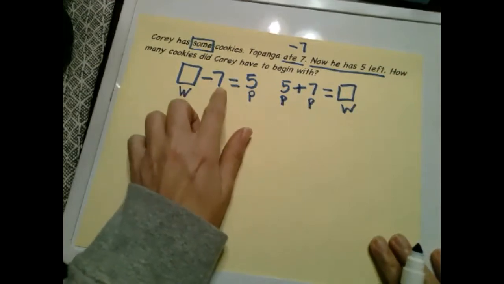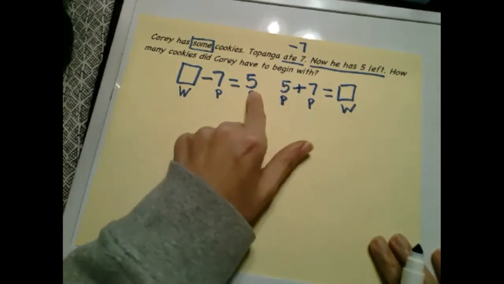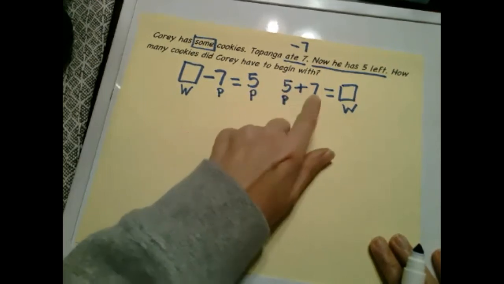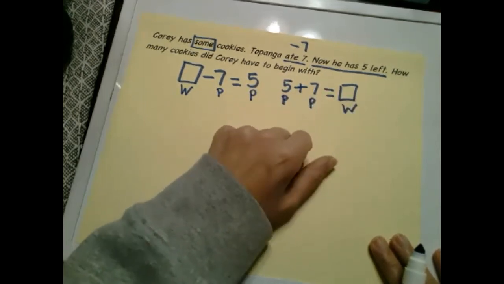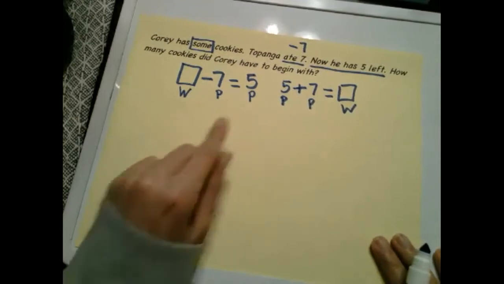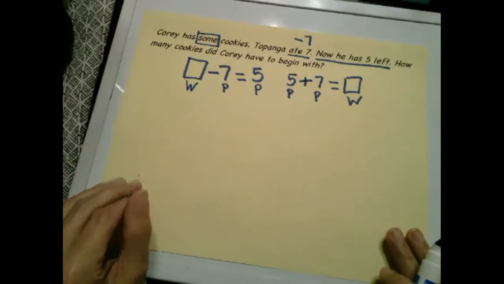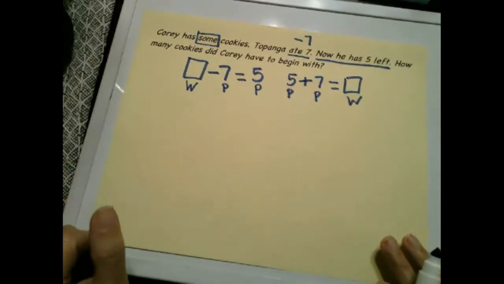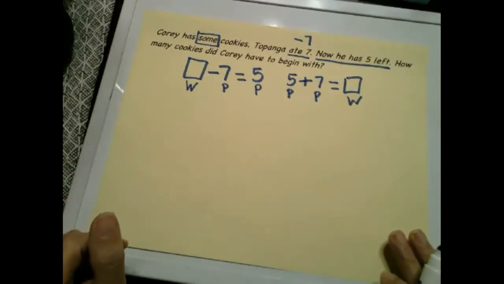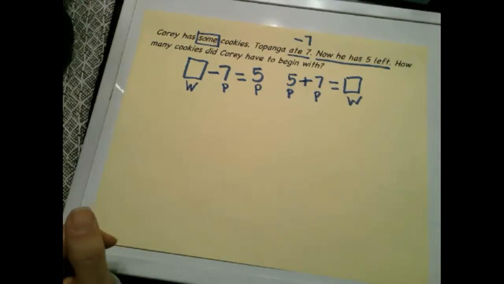If something minus 7 equals 5, then I can think backwards. 5 plus 7 will equal my whole. So my addition and subtraction can work together to help me solve. On your paper, I want you to use a model or a strategy that will help you solve for the whole. Press pause, and when you're ready, hit play.